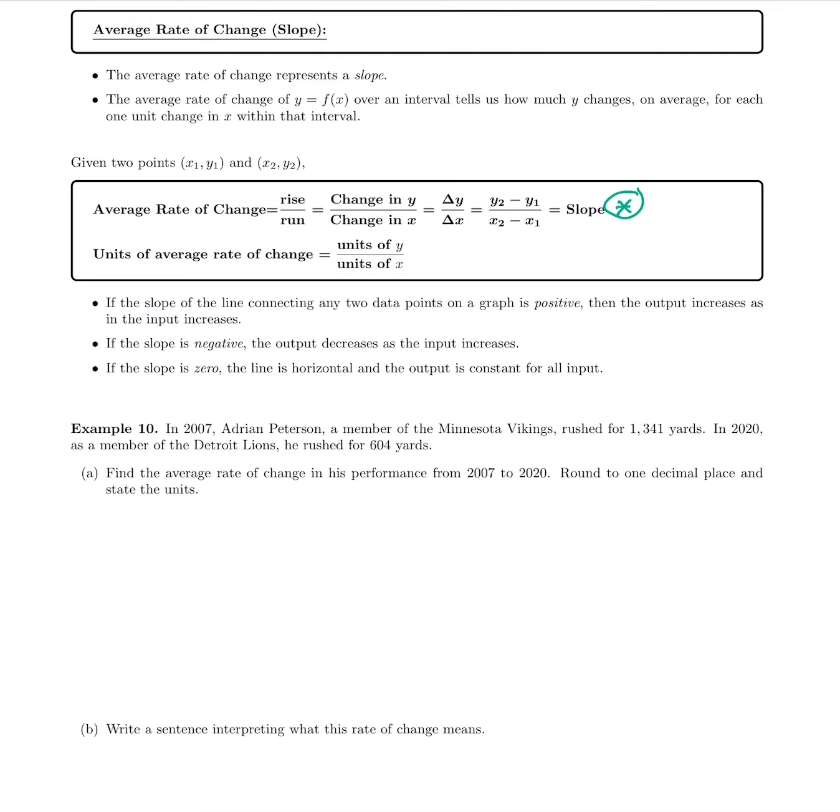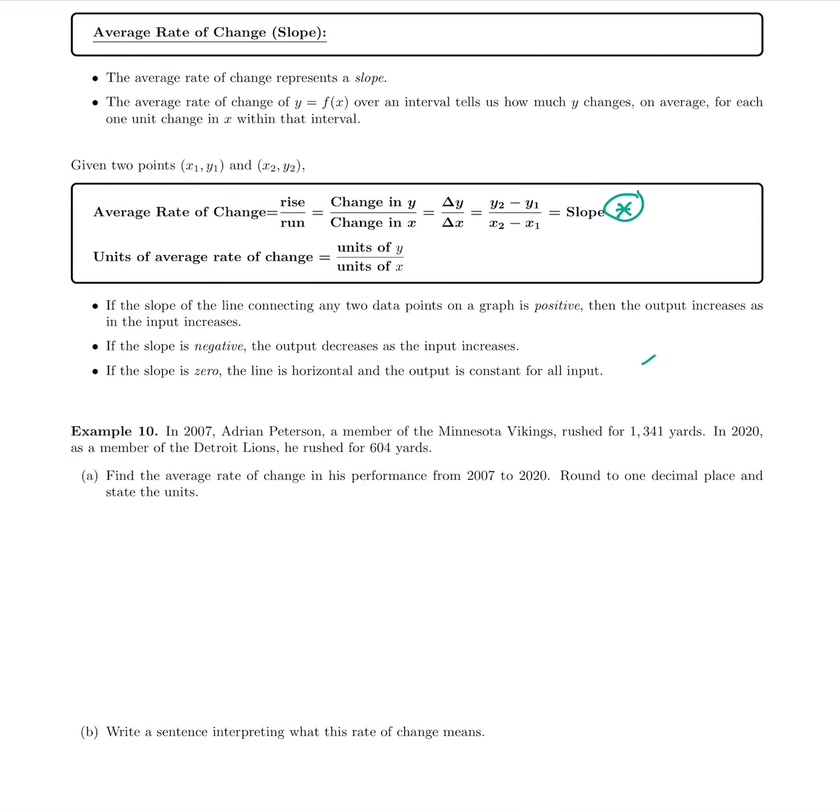For slope, it's going to be the difference in y's, so y2 minus y1 over the difference in x's, x2 minus x1. If the slope is positive, if we get out a positive number, that means that from left to right we're rising. Remember, we drew our positive slope.